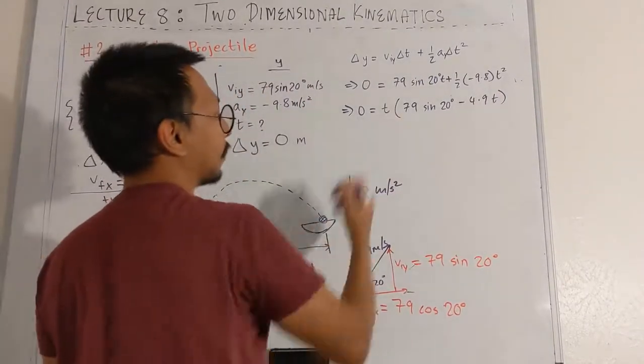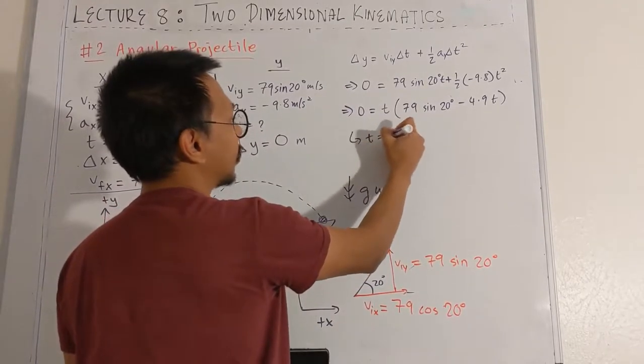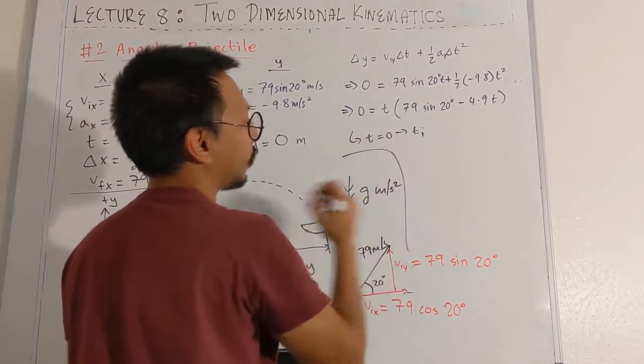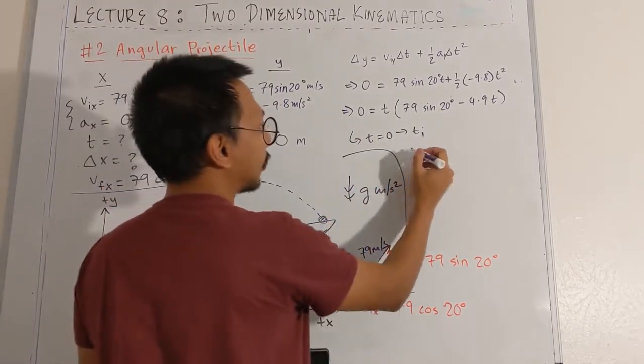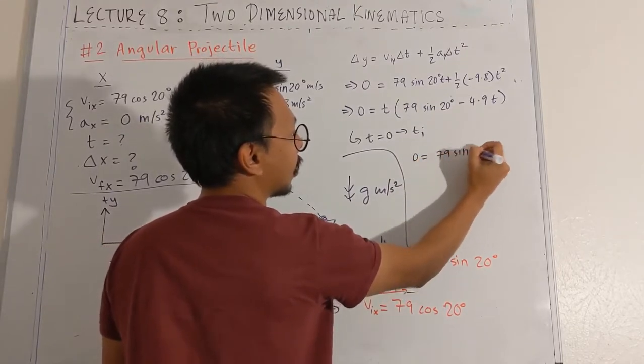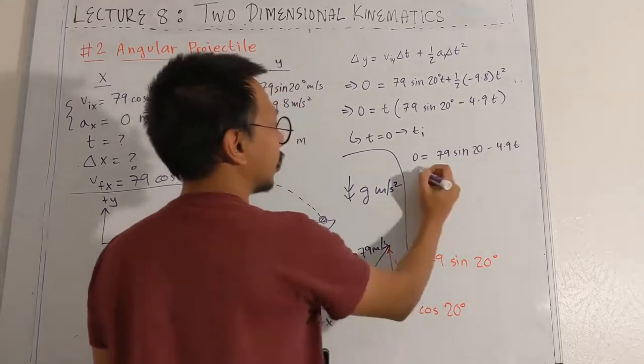So we can see that we have solved that t can be 0, which is nothing but the initial time ti, or t can be: 0 equals 79 sine 20 minus 4.9 t.